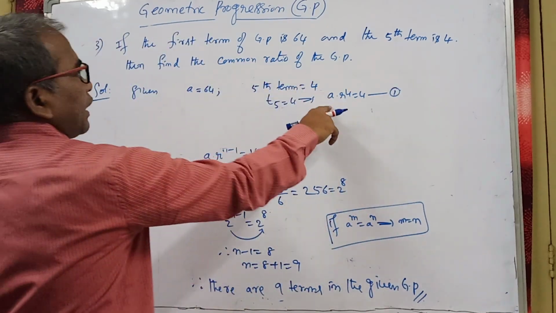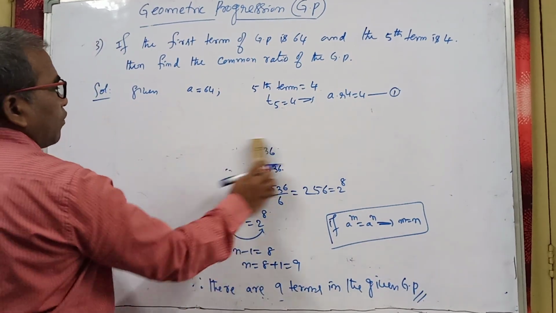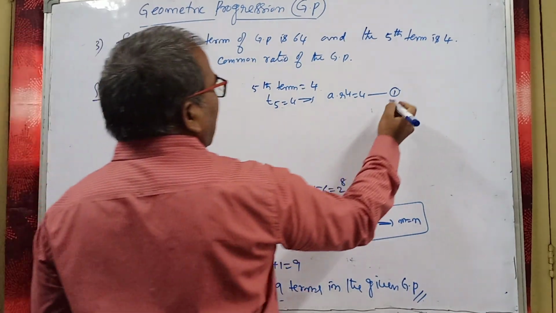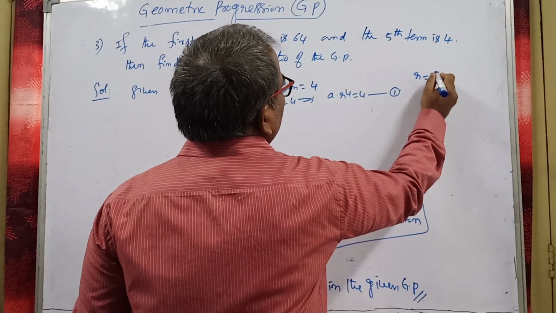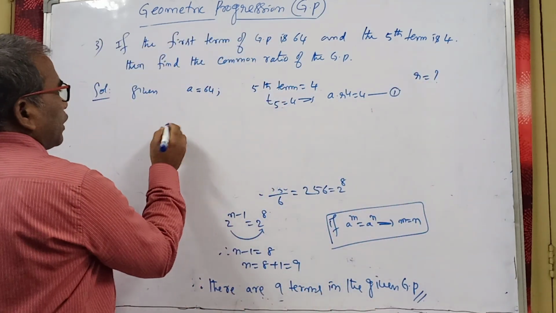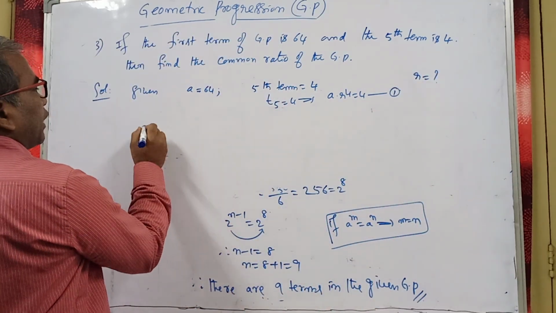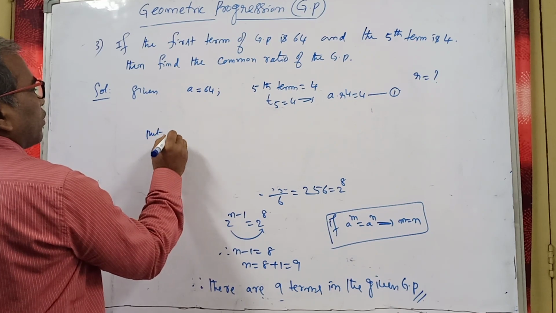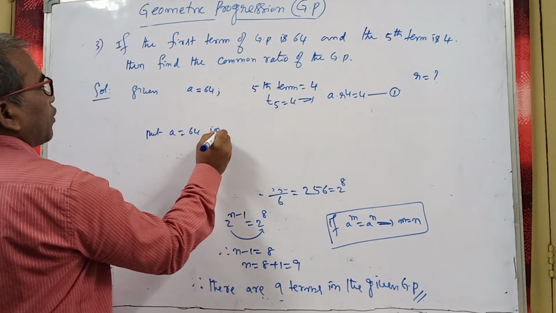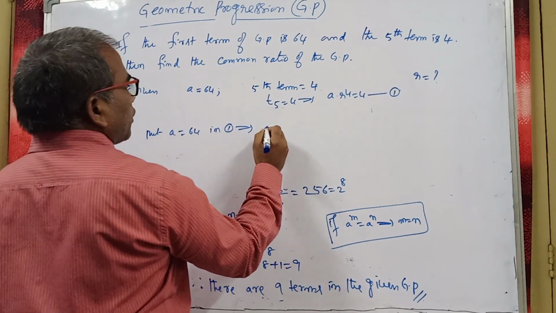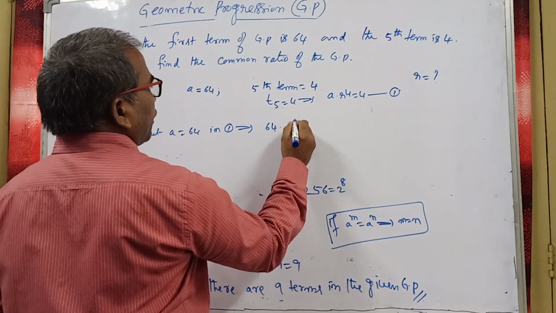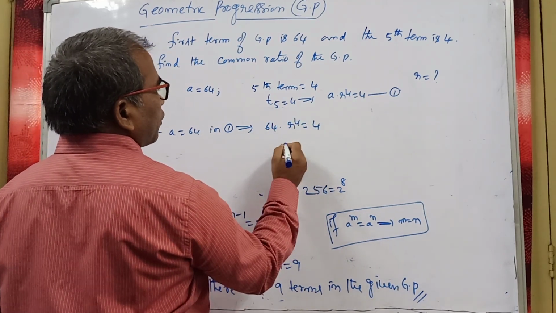Substitute the A value here, you would get R. What we need to find here? The common ratio. Therefore, put A is equal to 64 in equation 1. So, 64 into R power 4 is equal to 4.